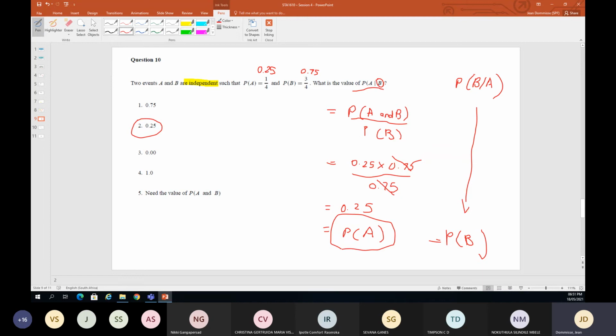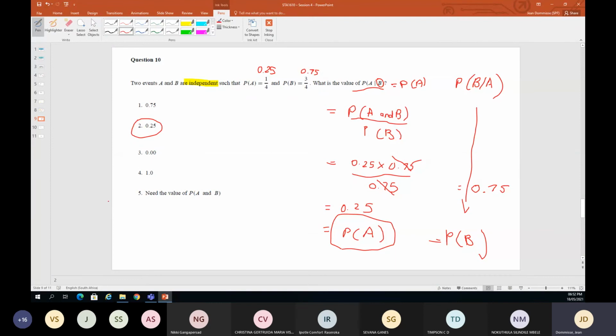So in this instance, you would have calculated the 0.25 and the 0.25, and you would have had that the answer is 0.75, which then is equal to the probability of B. So when two events are independent, you can nearly say that the probability of A given B is automatically the probability of A. And you can check your answer if it is one of the options.